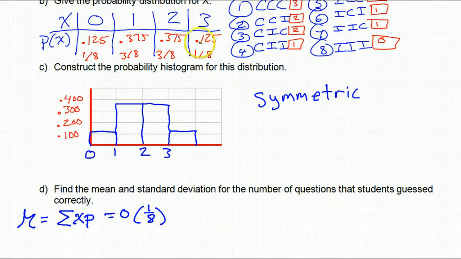In class I did the decimals, so I'm going to do the fractions this time just to show that it doesn't matter.